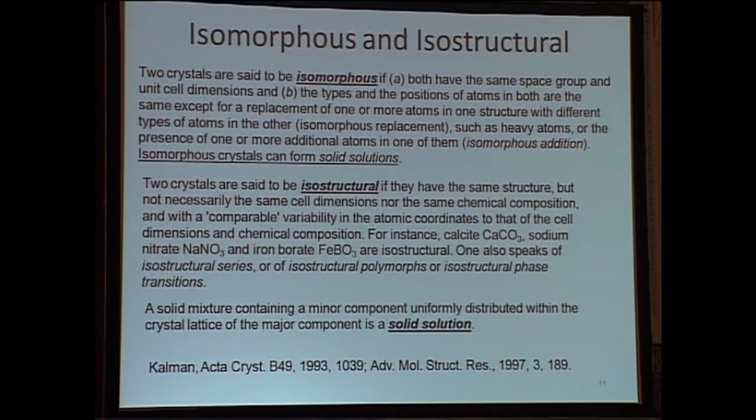Isostructural is something where the structures are similar, the space groups and detailed symmetry elements can be different, and so one can have isomorphous and isostructural. And how these sort of quasi-symmetry ideas could be applied in pharmaceutical materials is what I would like to share with you.